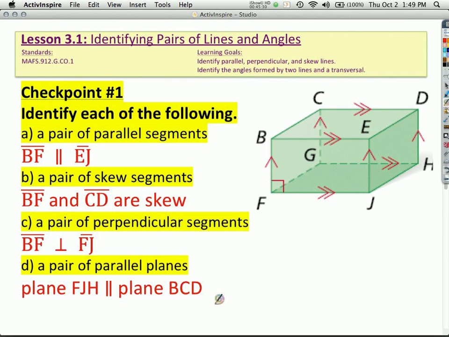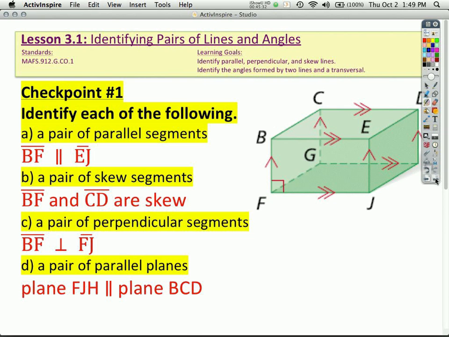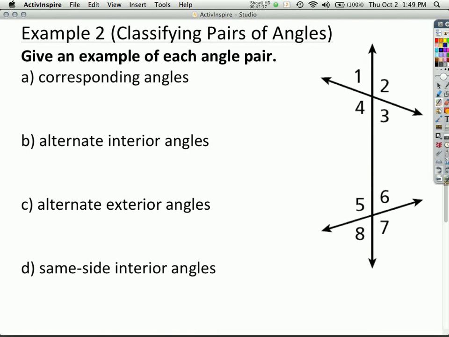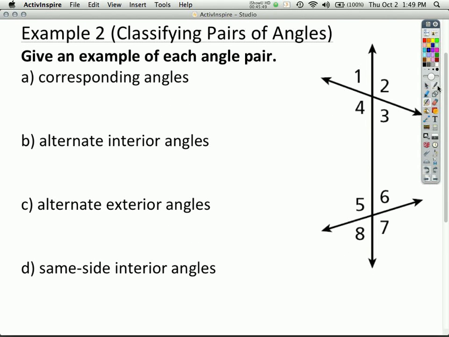Good, so again, we've laid the foundation, now take it a step further. In example 2, let's talk about these different pairs of angles. So you're going to need your own version of this picture, and then we're going to identify an example of corresponding angles, alternate interior, alternate exterior, and same side interior.